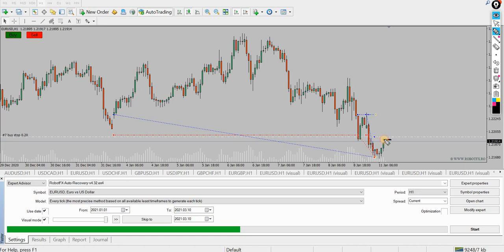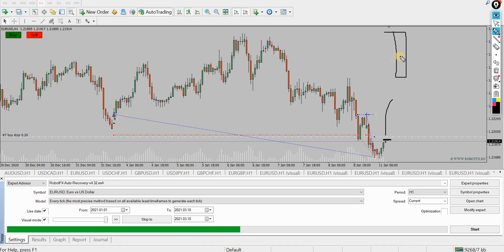a sell order here, and then something happens, I don't know, a gap, and the next candle is this distance away. During the weekend, it might happen, or even here, a small gap.